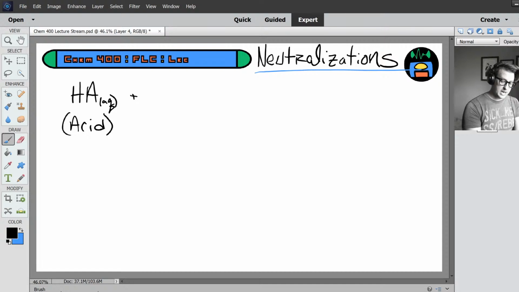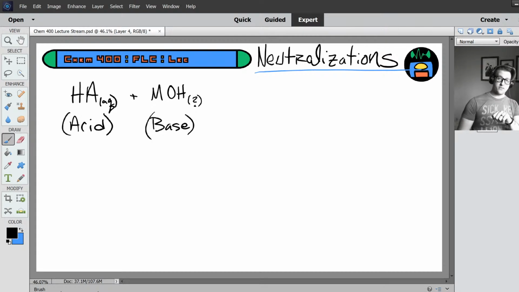In a neutralization reaction, it reacts with a metal hydroxide base. So some metal cation paired with our hydroxide anion. So this is the base in the neutralization reaction. You'll notice I put a question mark for the phase. Whether or not this is soluble or insoluble depends upon the metal, right? Hydroxide is mostly insoluble, but it's soluble with a few things.